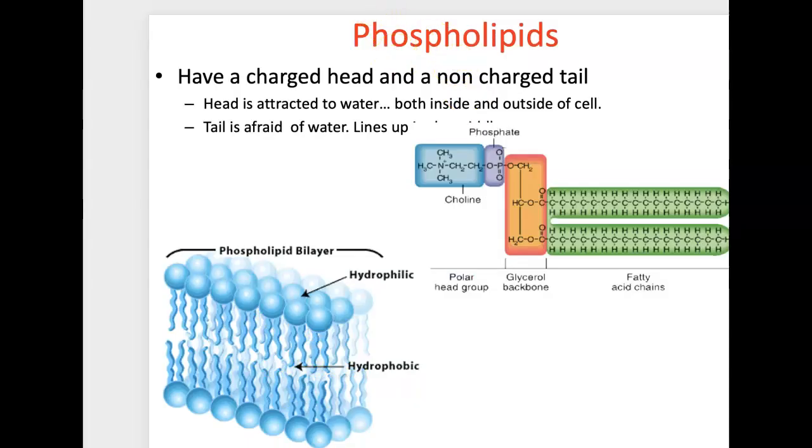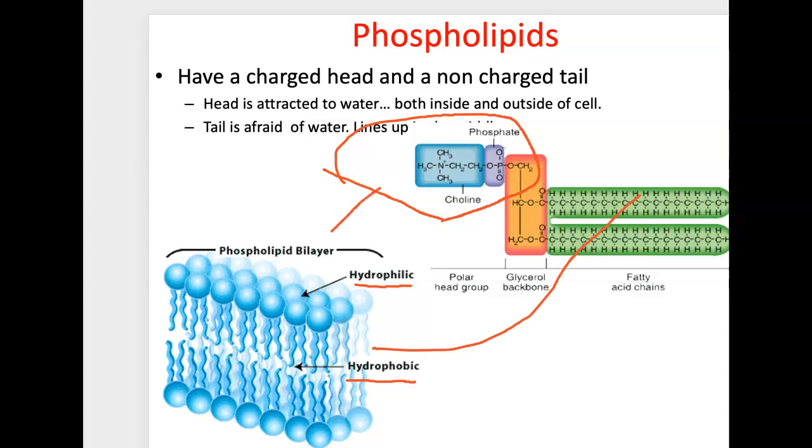Now, the main lipid is this phospholipid right here, which is actually a triglyceride that a charged phosphate group has been put onto. So this charged head is hydrophilic. That means water-loving. These tails are lipids. It's a hydrocarbon. It is hydrophobic. So the tails here are hydrophobic.